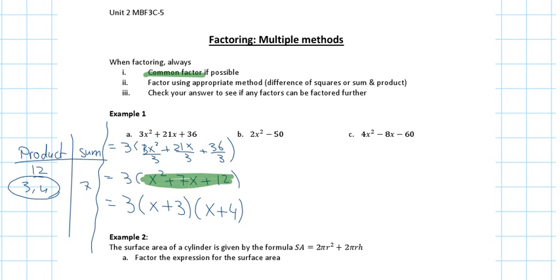Okay? In this course, we're going to learn only how to factor with sum and product with a equal to 1. If you are taking higher level courses, which is the M course, I know you guys are capable of doing this, so I can teach it to you, but we will not be tested on it. Okay?